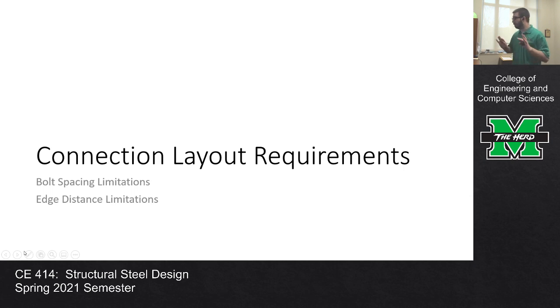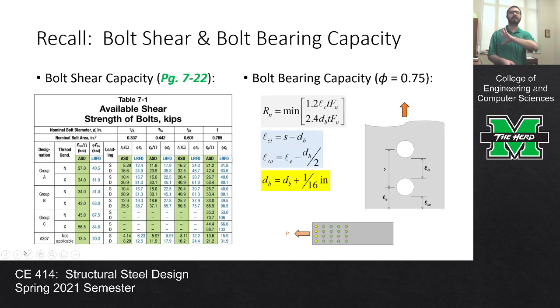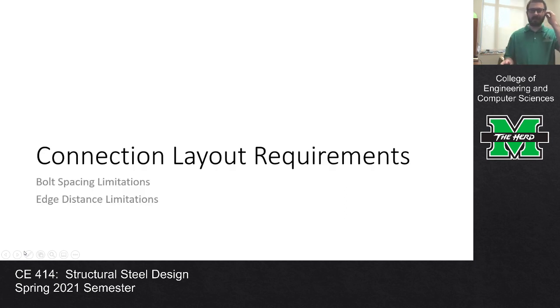All right. Now, what I'm talking about in this slide is all about strength. It's all about taking the connection and looking at the bolts that are being used and how far they're spaced from each other and from the edge in order to determine a capacity, a load that the connection can withstand. Okay.